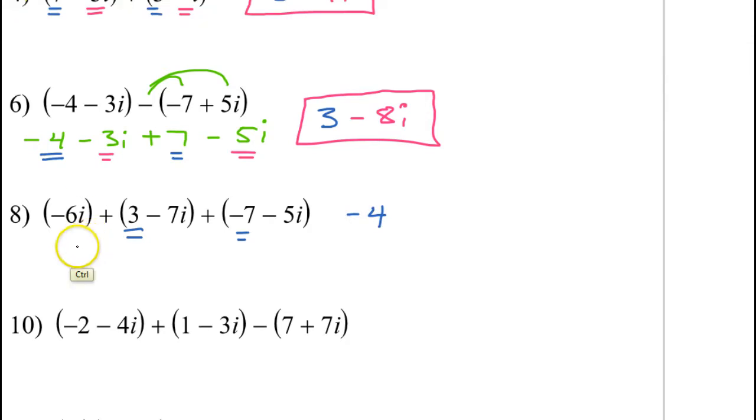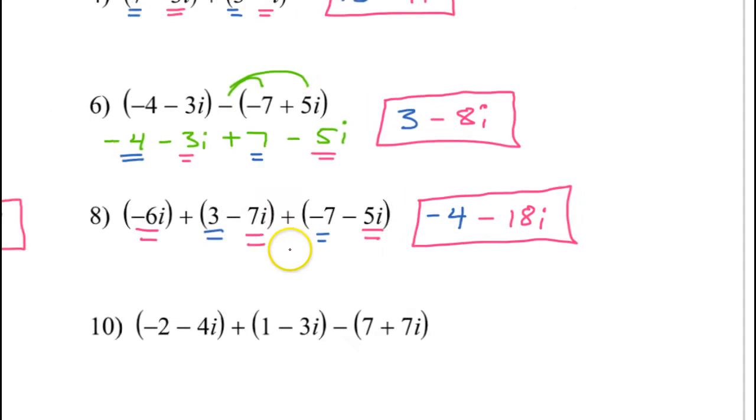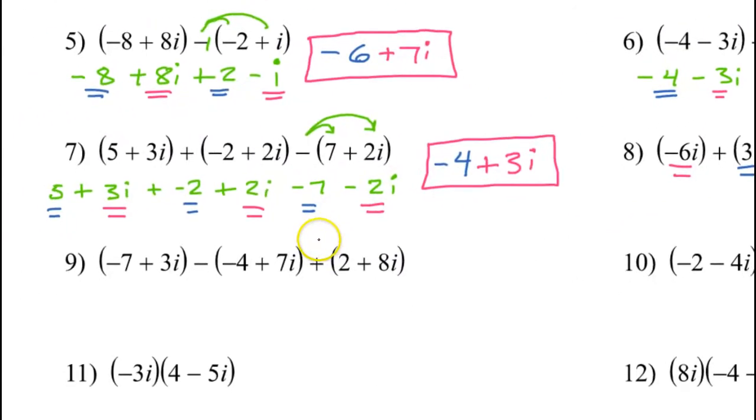And then the imaginary, so I have negative 6i and negative 7i. That's negative 13i so far. And then I have another negative 5i, so that's negative 18i. So I'm just going to have minus 18i. Okay, so that's number 8.